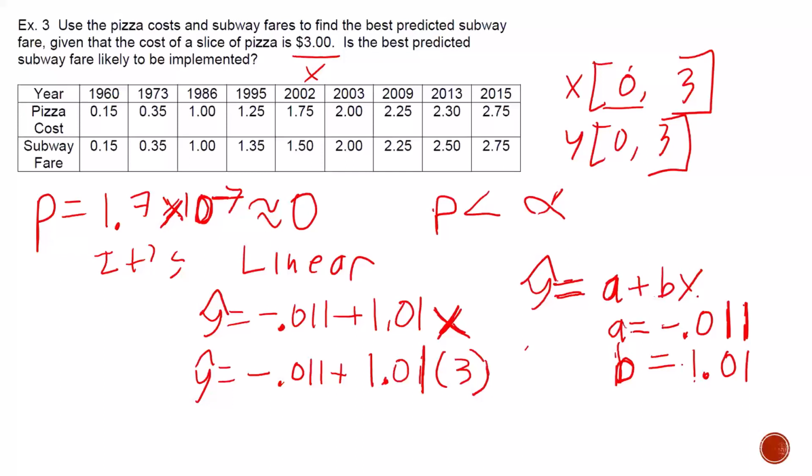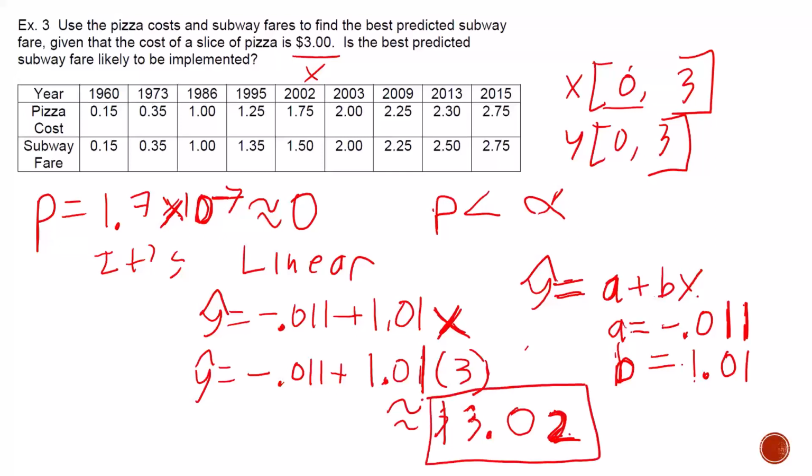We got the p-value. It seemed linear without the line. We put the line in. It seemed that the line was good. You just do the arithmetic. You get roughly $3 and 2 cents. All right, I know I only did one. Do we all think that we could do that?